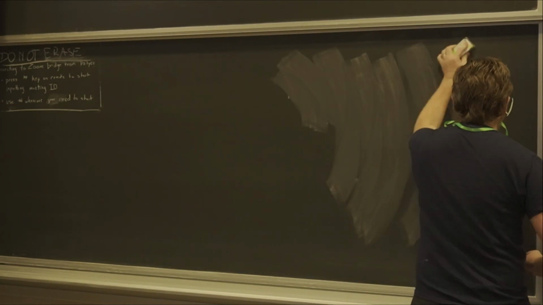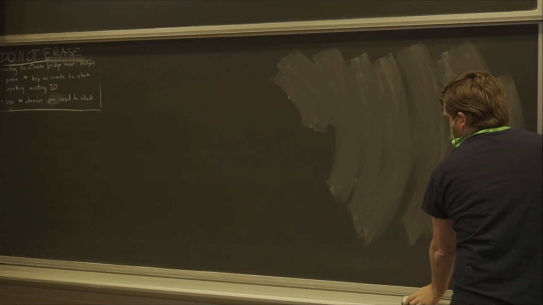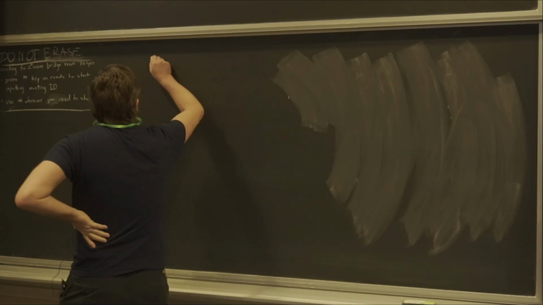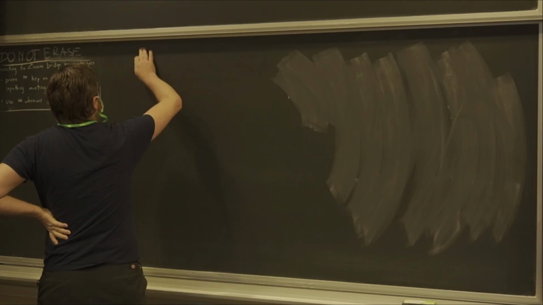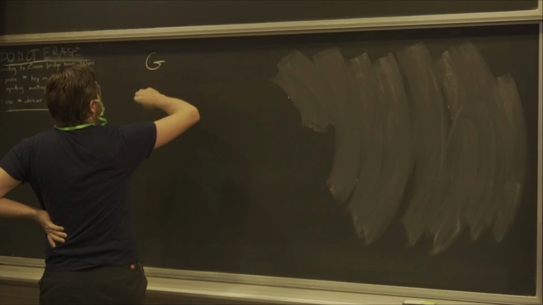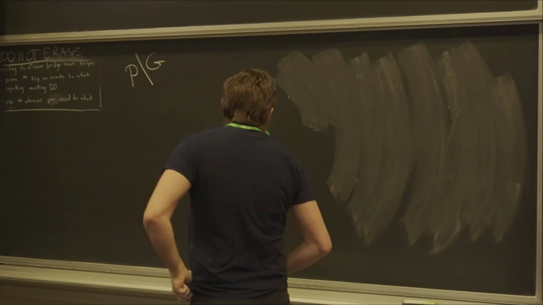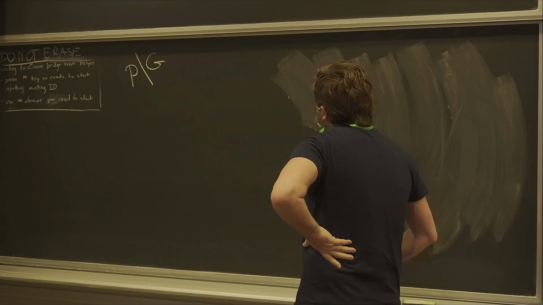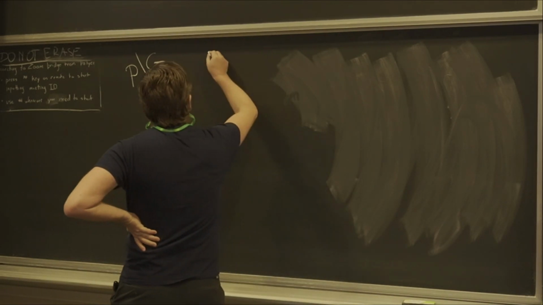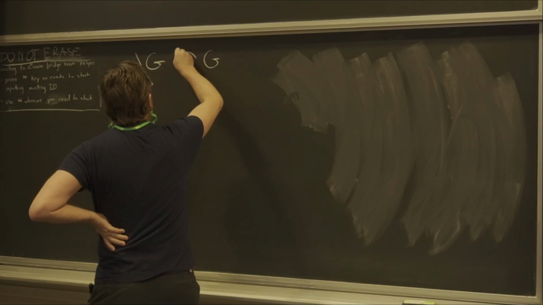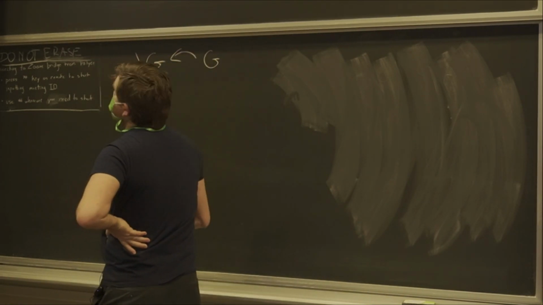So let me explain in more detail these identifications of G mod P. I have this action of G on G mod P by right multiplication.